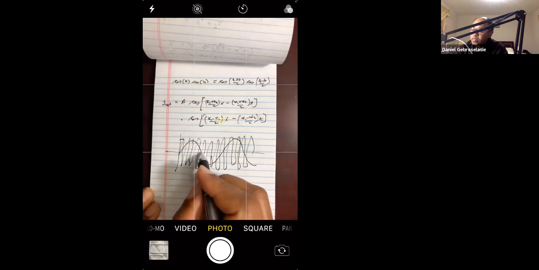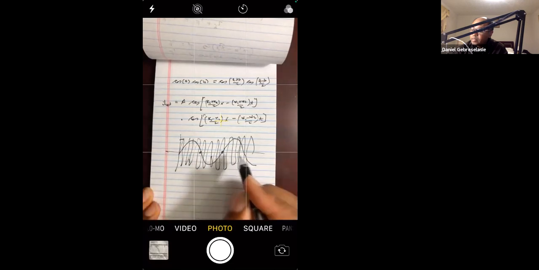So let's see what happens now. Let's say this is a high frequency function over here. Then you're multiplying it with a low frequency wave. Let's start from here. What do you get? You're going to have zeros over here. So when you multiply this low frequency wave with this high frequency wave, that's what we're going to get.